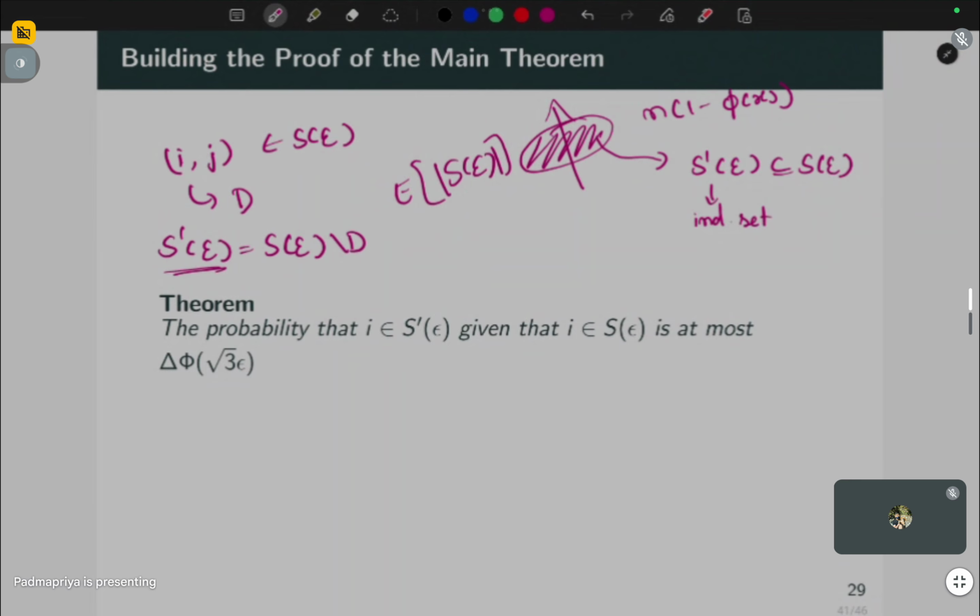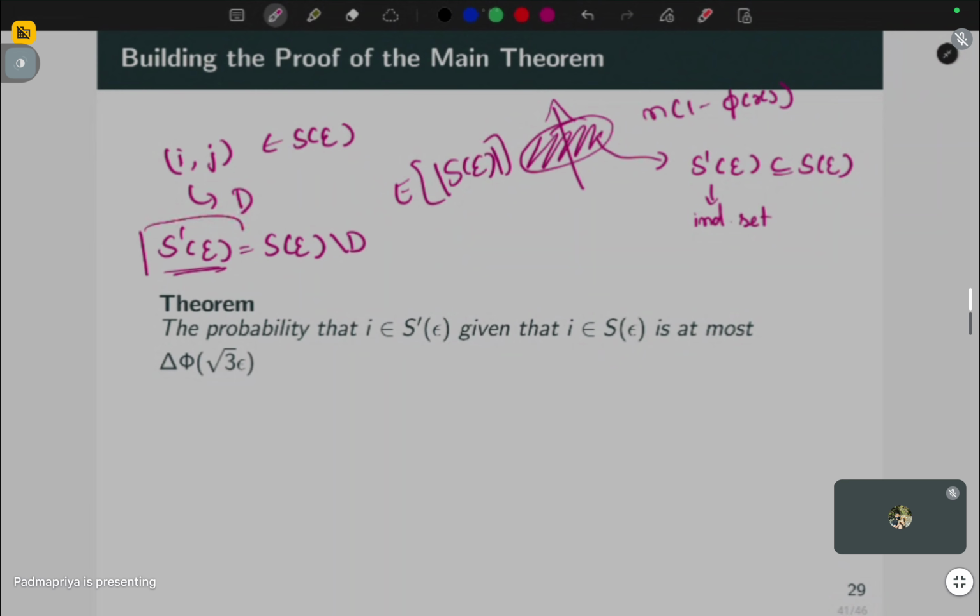By construction, we saw it's an independent set. But how many vertices will we retrieve? Will it happen that all of these vectors are going away in D and you get 0 for S prime epsilon? Can that happen? Because this is what our algorithm returns at the end.